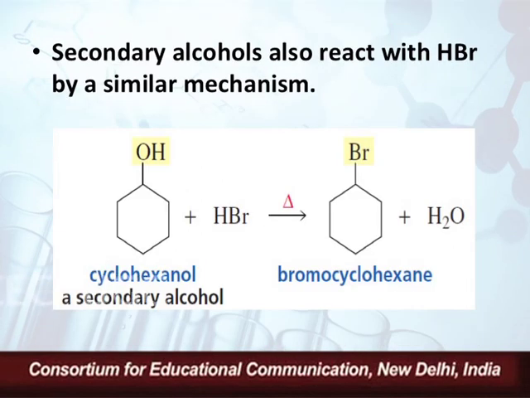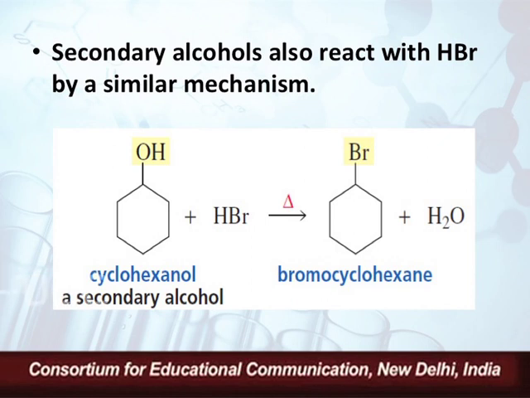Secondary alcohols also undergo SN reactions with HBr by a similar mechanism. If we take an example of cyclohexanol, which is a secondary alcohol, then it also reacts with HBr, resulting in the formation of a carbocation, which then reacts with bromide ion, resulting in the formation of bromocyclohexane.